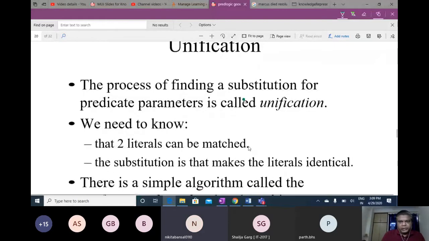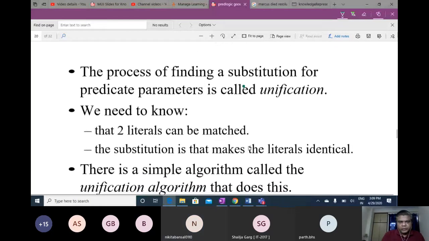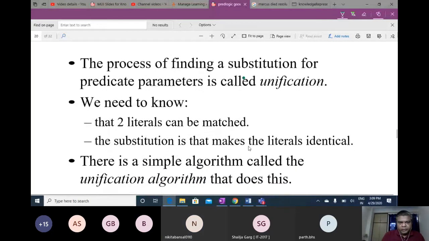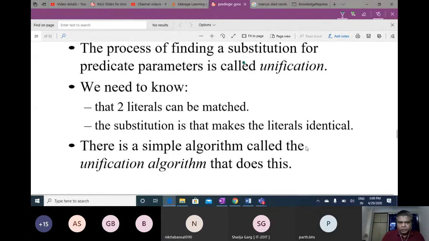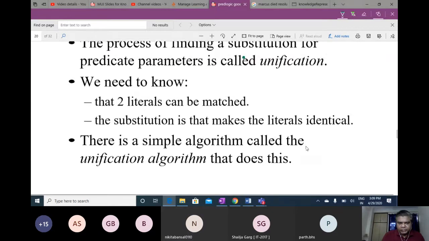The process of finding a substitution for predicate parameters is called unification. And what we need to know is whether two literals can be matched, and what is the substitution that makes the literals identical. So two literals or two terms, whether they can be matched, and what is the substitution that makes them identical.